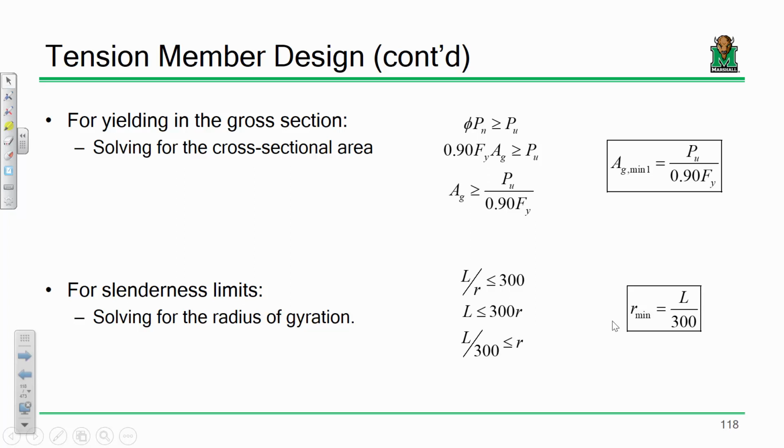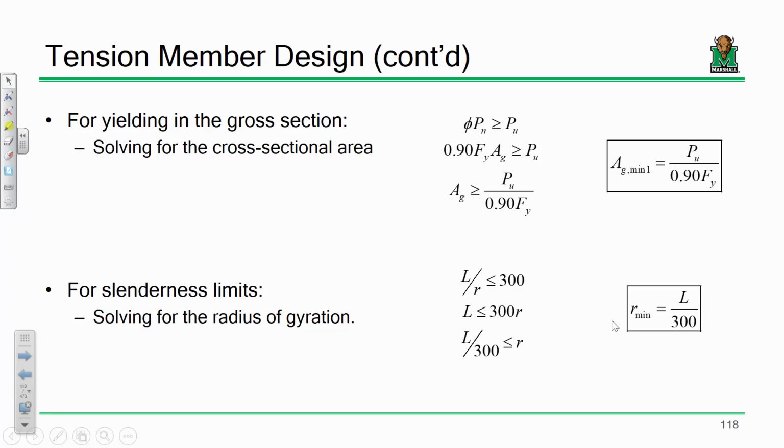Simple, right? That's straightforward. Now, that's our first design expression. Our minimum gross area is the factored load divided by 0.9 Fy. In other words, when I select a member, I've got to select a member that has at least a gross area of Pu over 0.9 Fy.